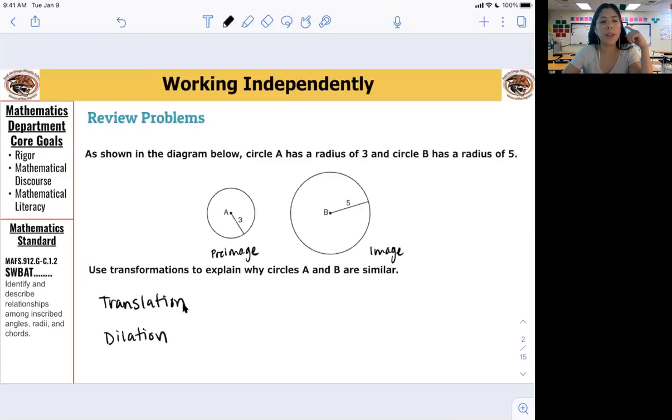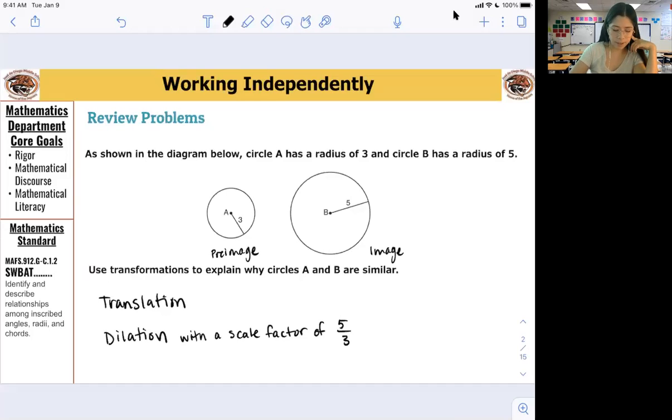Now, translation, we can't really get more specific because there's no coordinate grid, so I don't know how far away everything is, but we can leave it as that. But for dilation, we can be a little bit more specific because we have numbers here. So it's going to be a dilation with a scale factor of what? 5/3, very good.